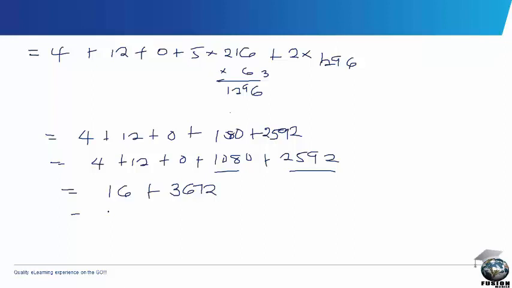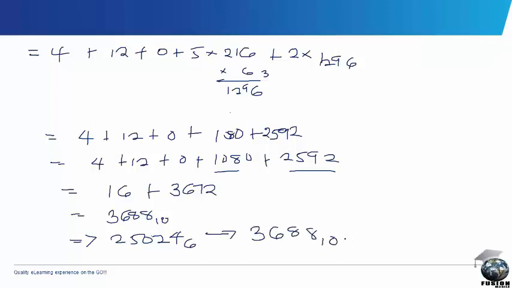You can now add up 16, and then you have 6 plus 2 to be 8, and you can now add 1 and 7 to give you 8 again, and then you bring down your 6, you bring down your 3, and this is the number we have as its base 10 number. So this implies that when you convert 25024 from base 6 to base 10, you have 3688 base 10.